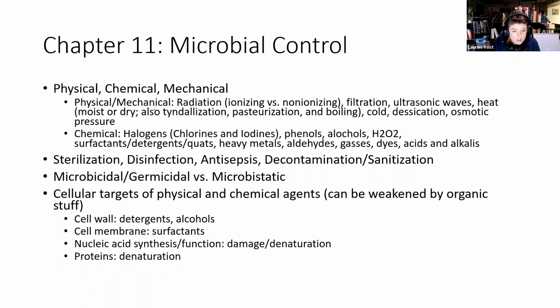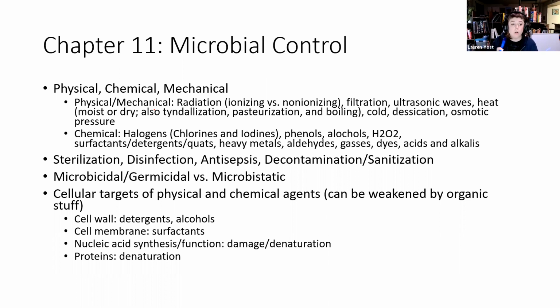And cellular targets, right. In the microbial control chapter, as well as in the antibiotic chapter, we talked about the targets of the things we were using, whether it's our cleaning agent or physical means of cleaning, as well as the antibiotics both.